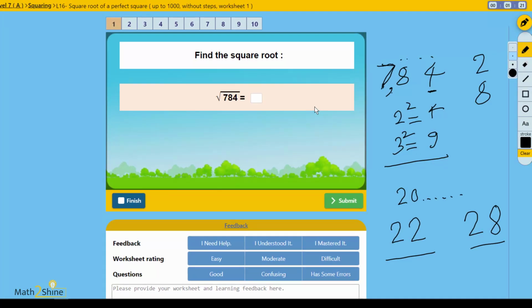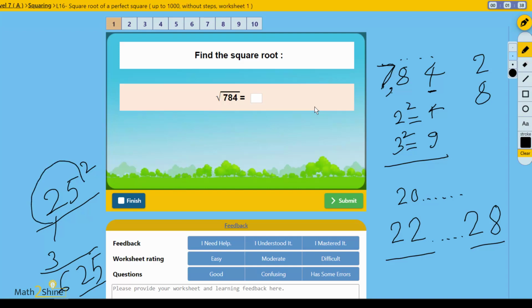Now, to compare it with 25 square, what is 25 square? 2 multiplied by 3 is 6, and 25. So 625 is the square of 25. Now this number is bigger than 625.